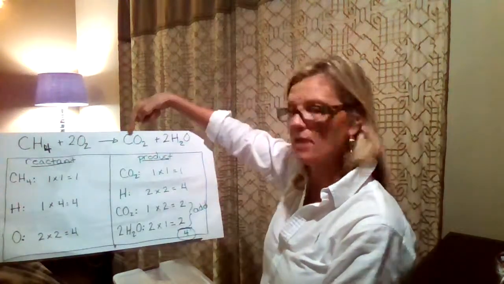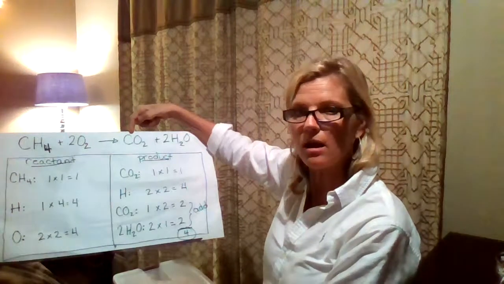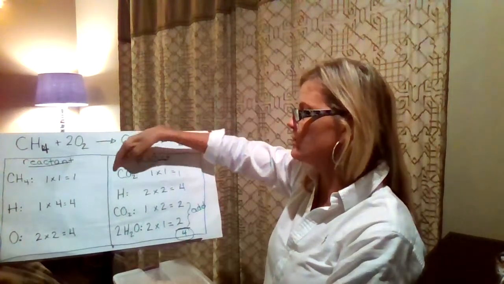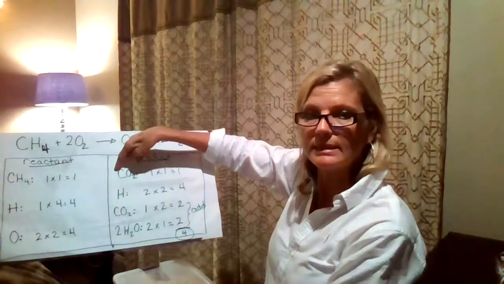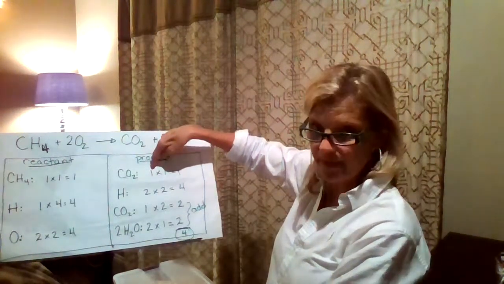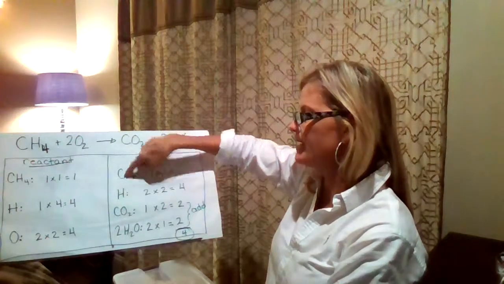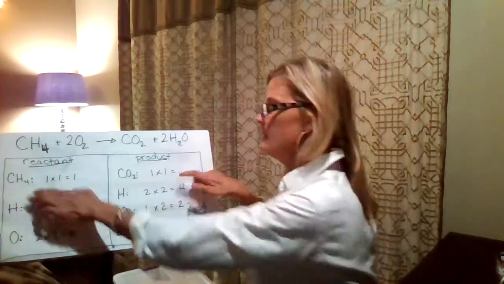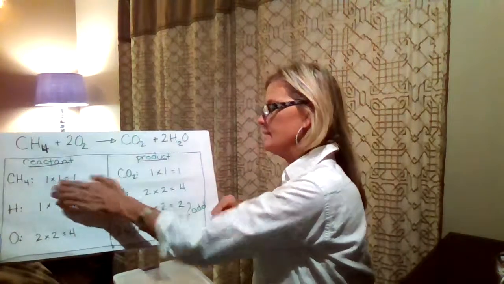Let's go over to our product side. Here we have our carbon dioxide, and we look to the right. There isn't a number, so we assume that is 1, and we multiply it again. There is no subscript, so 1 times 1 equals 1. So far, this carbon and this carbon are balanced.